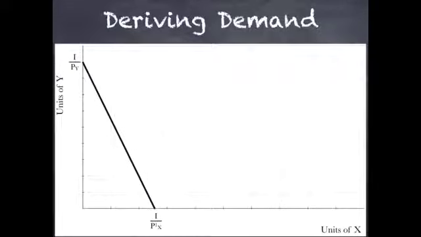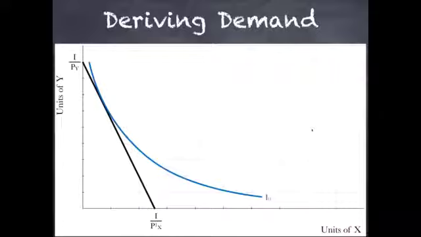So we can use this information from indifference curves and budget constraints to derive a demand curve. We're going to assume that this individual is maximizing their utility, and we're going to use indifference curves and budget constraints to derive why the demand curve is downward sloping.